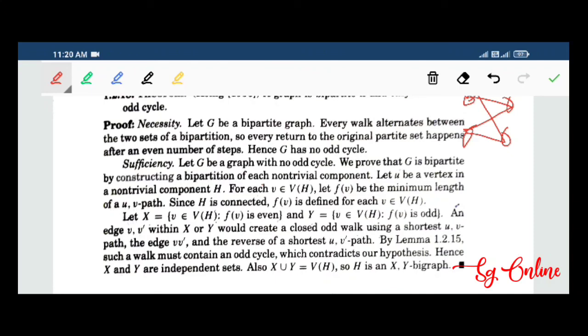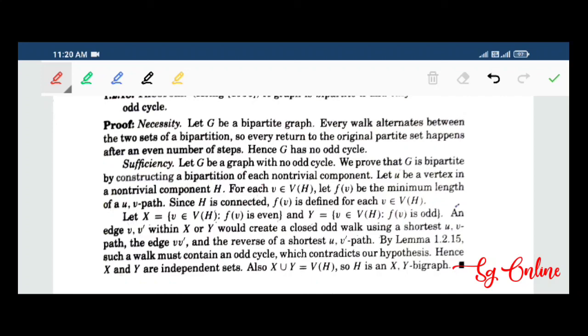Now to prove the sufficient part, we will make a partition of the vertex set into two parts such that in each part no two vertices are adjacent to each other, and in this way we will show that the graph is bipartite.